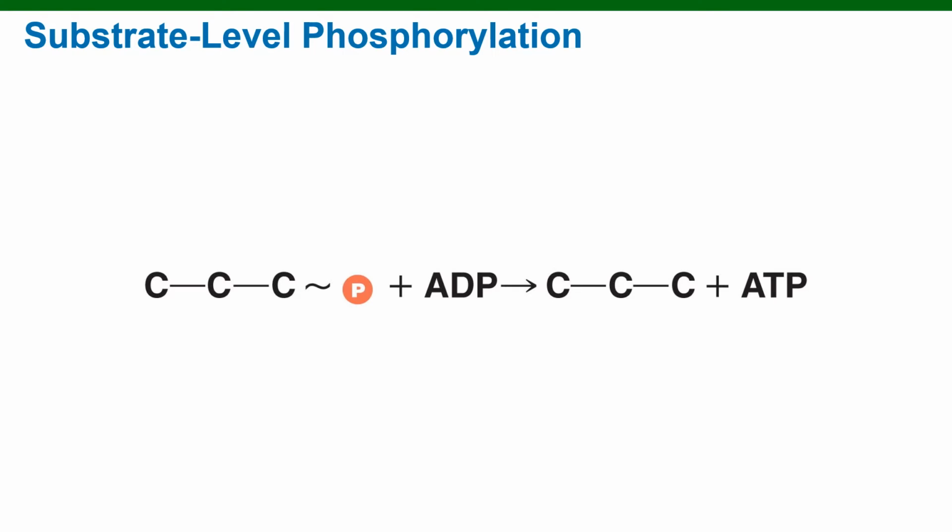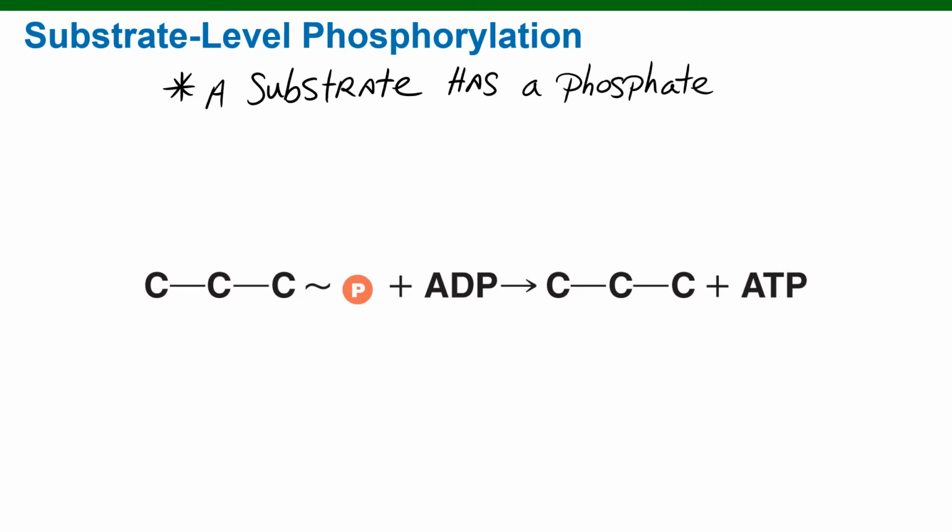Substrate-level phosphorylation can be described as a substrate that has a phosphate to donate. And it'll donate that phosphate towards the formation of ATP.